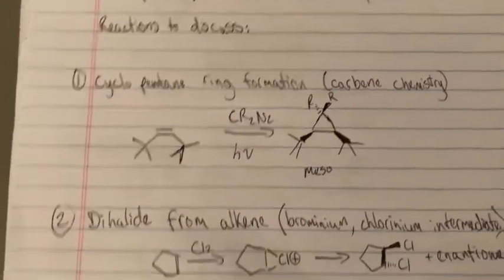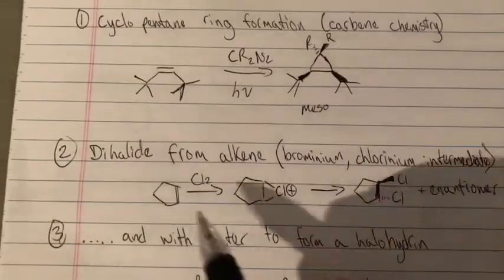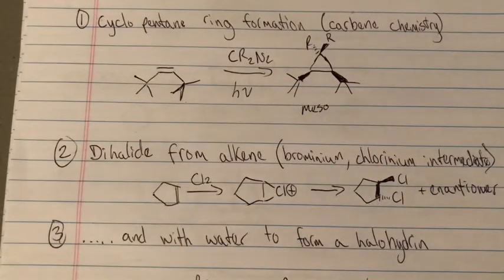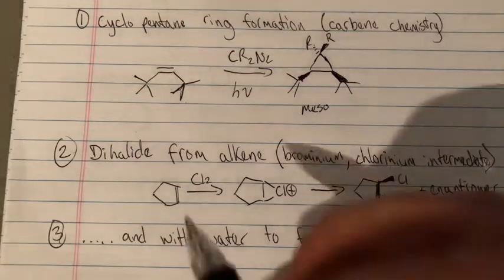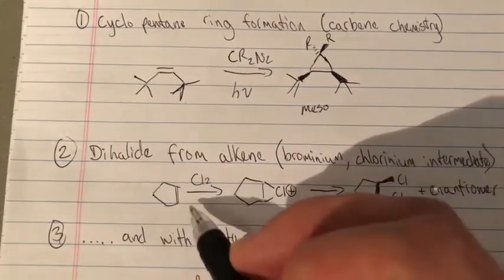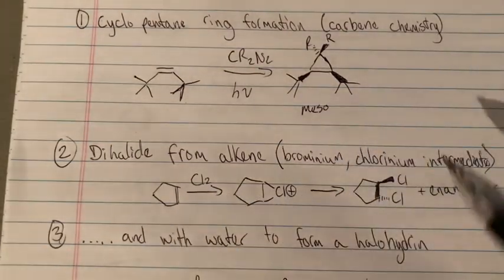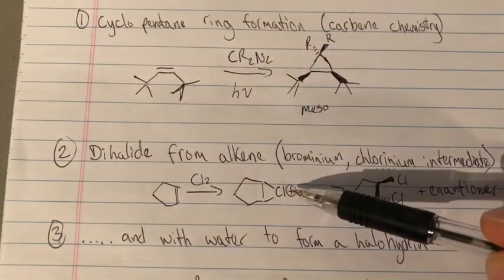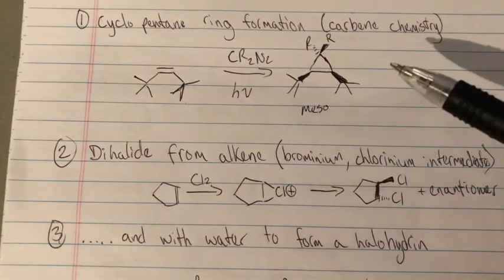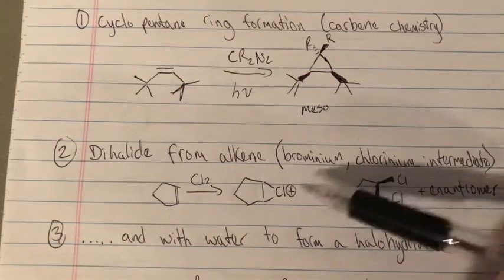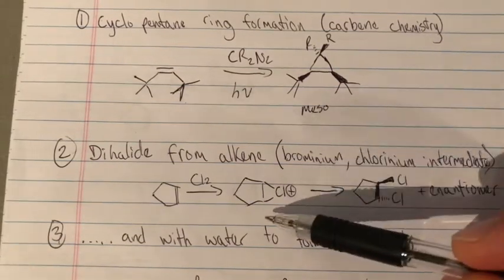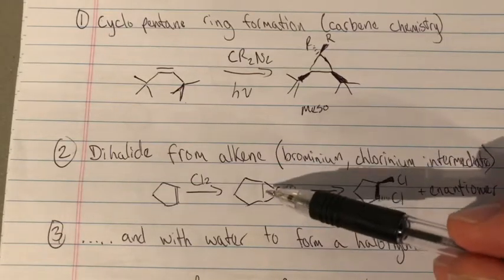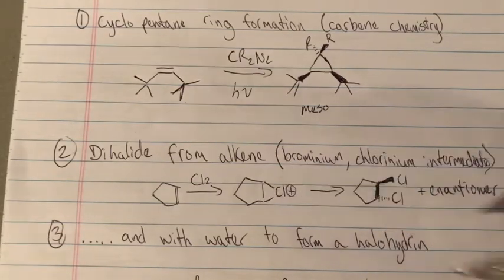Second that you'll see are actually intermediates, so it's going to be a dihalide from an alkene. So this is an alkene species. You probably can't make it out too well there, but essentially you're going to form a bromonium or chloronium cation, and as a result, this is going to be highly electrophilic.